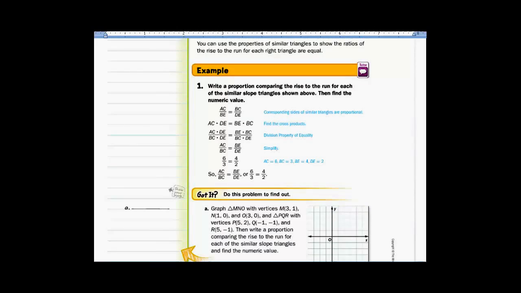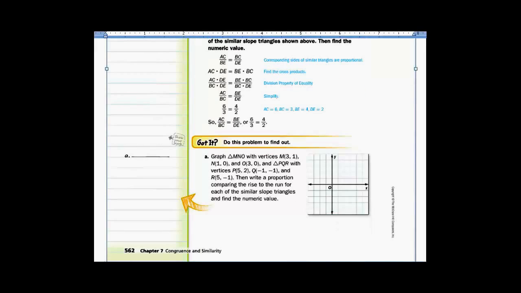Let's try one of your own. So let's do this one together since we have to graph. How about that? So it says the vertices: M is 1, 3, 1. N is 1, 0. And O is 3, 0. It's a little bitty guy. Let's go ahead and put our letters on here, by the way.